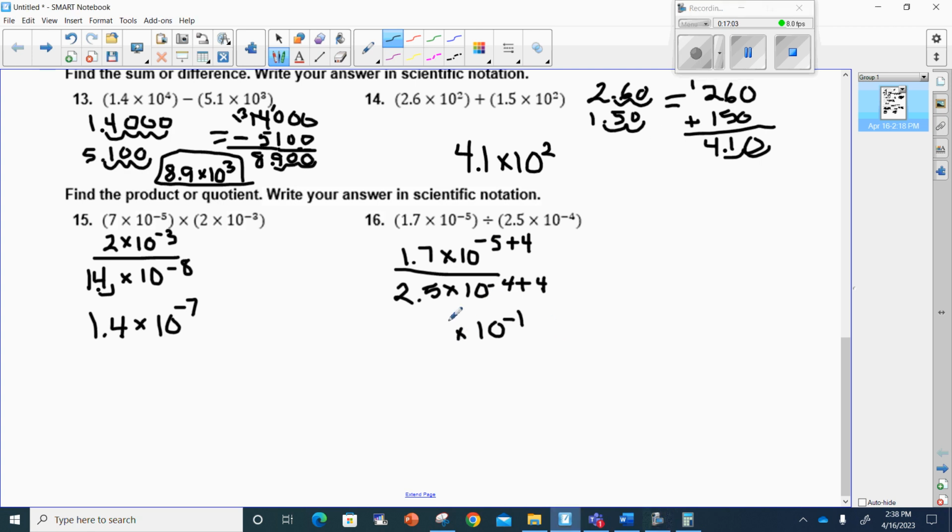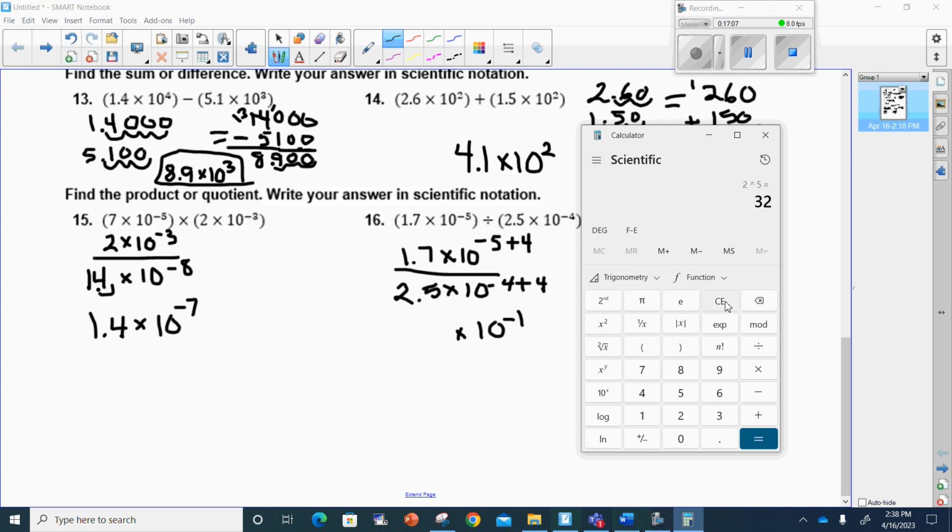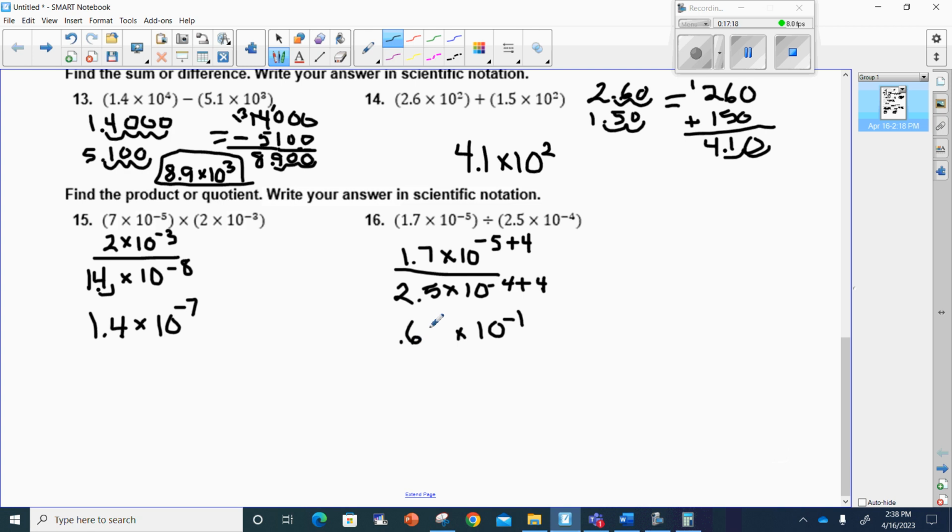So now I've got to see what is 1.7 divided by 2.5. Let's see, 1.7 divided by 2.5 gives me 0.68. Now remember, the decimal has to be here, so we're going to have to move it 1 to make it 6.8.